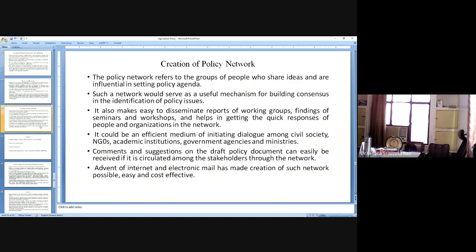In this way, the agriculture policy is being formulated, implemented, and creating awareness among all the groups of people. So in that way, agriculture policy is going to achieve good results in the coming future also. So next slide.